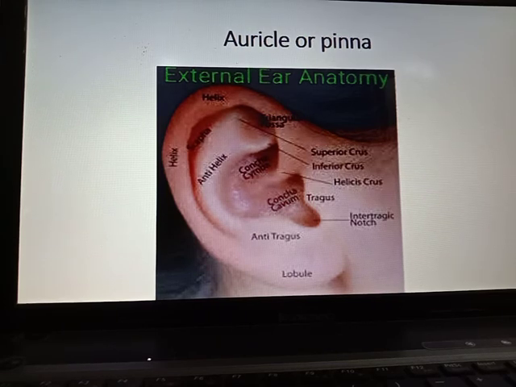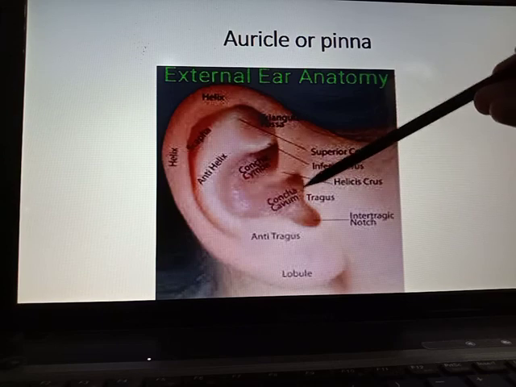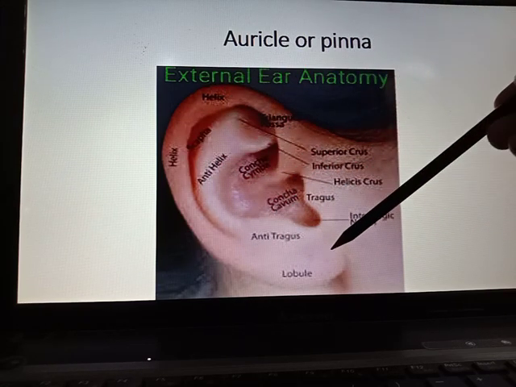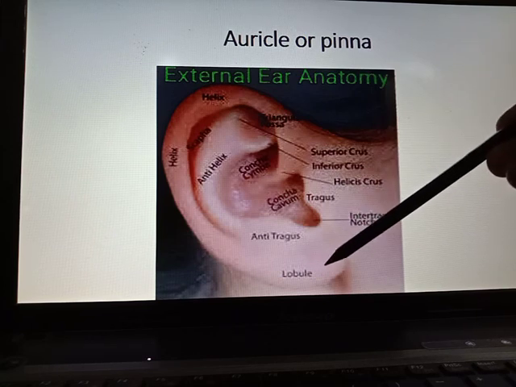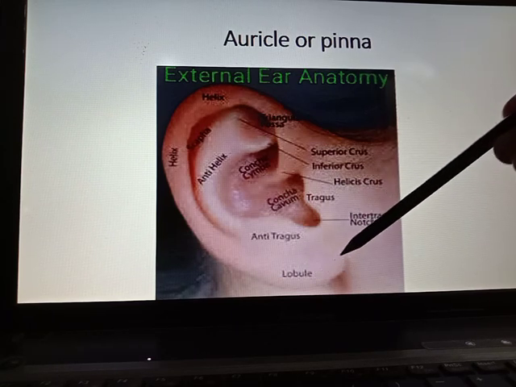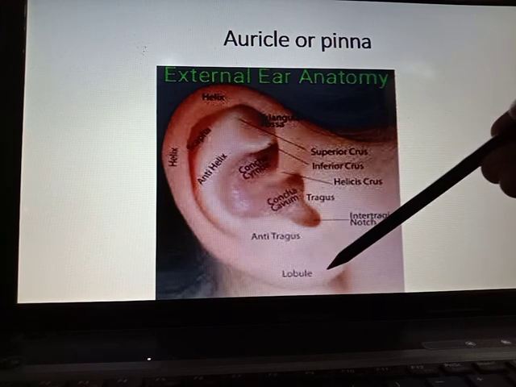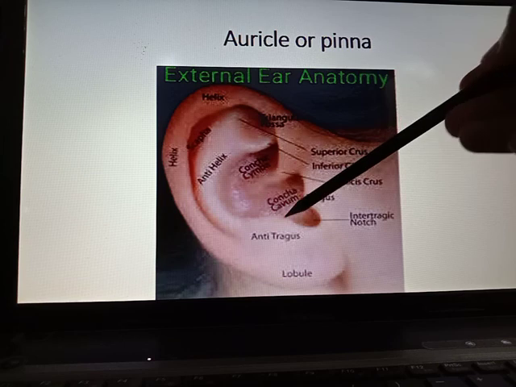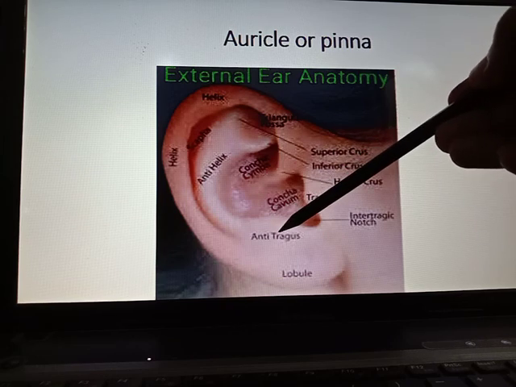Of the parts of the auricle, this is the tragus, and this is the helix. Near the mandibular end, this mobile part is the lobule. Just behind the tragus is the antitragus.